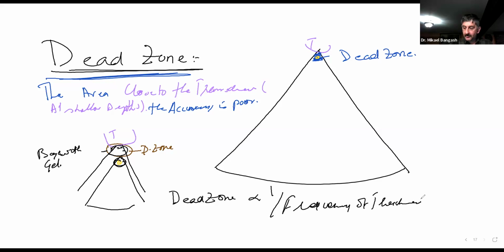If you look on page 386, the 4th paragraph, the paragraph that starts with higher frequency transducers, it says that if you have a higher frequency transducer, that will have a smaller dead zone, or vice versa. A lower frequency transducer has a greater dead zone.